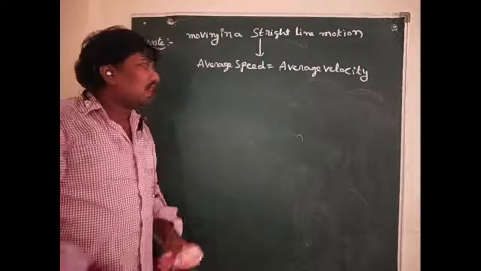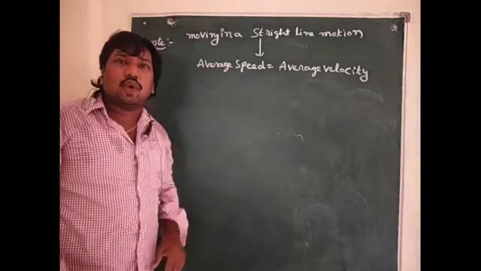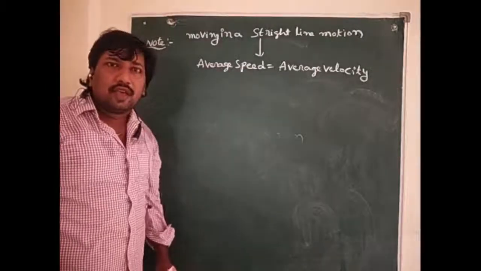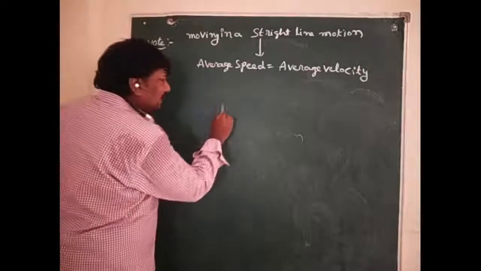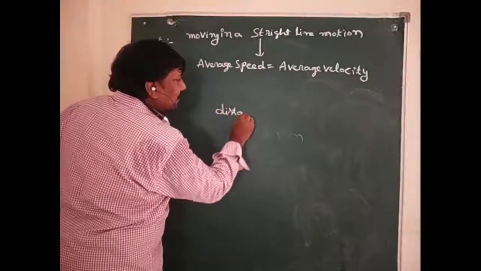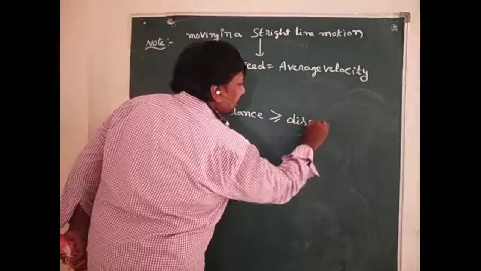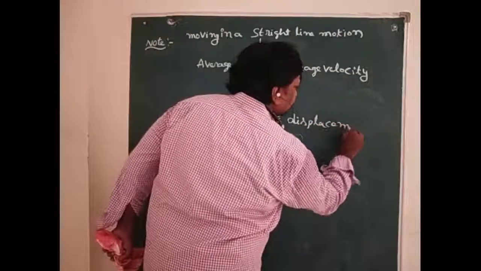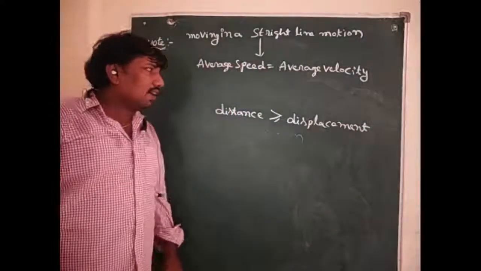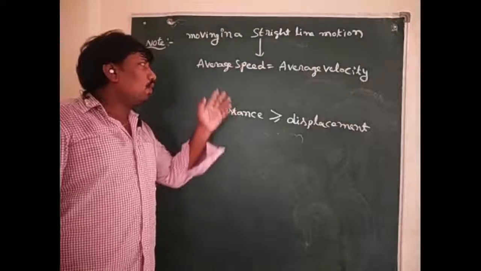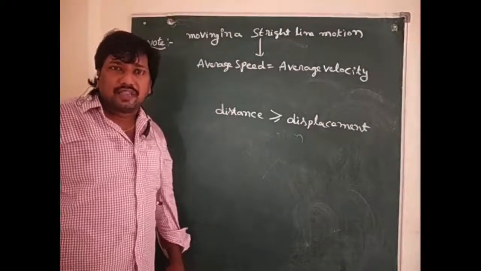In other situations, average speed is greater than or equal to average velocity, because distance is always greater than or equal to displacement. Therefore average speed is greater than or equal to average velocity.